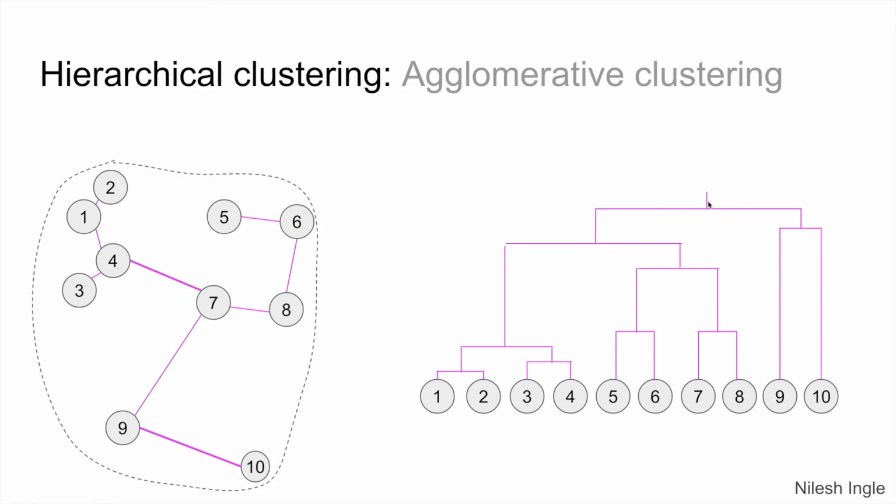So up top here in the root node, all we have is just a single cluster which has all data points. Then as we travel down through this tree, we get smaller and smaller clusters until we reach the very leaves of the tree where we have individual data points.